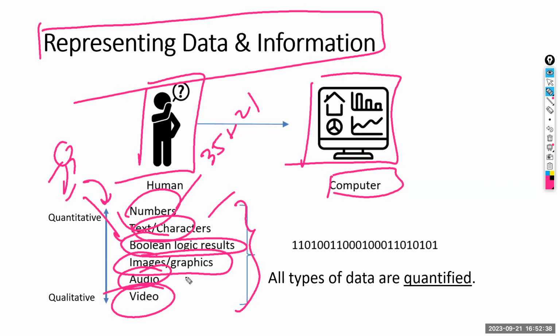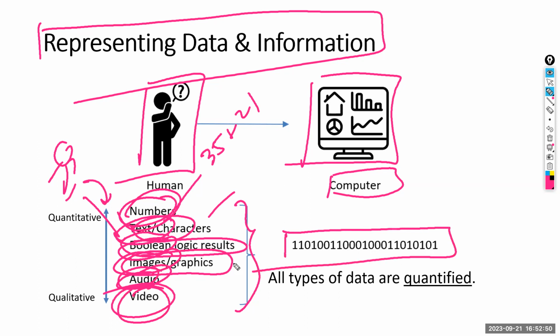But in a computer, whether it's a number or text or Boolean result or image or audio or video, it's a set of ones and zeros, if it is a binary digital electronic device. For example, you can hear my voice. Basically what you are getting, from my computer to your computer or smartphone through the internet, is a set of ones and zeros. When I type a text, what you get is a set of ones and zeros.